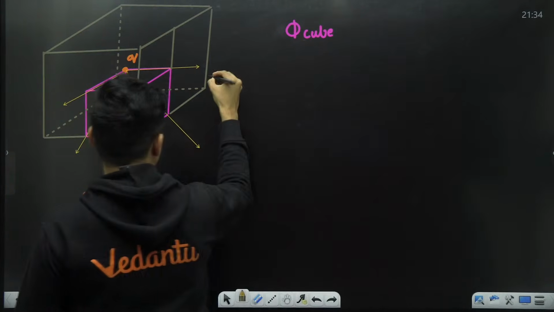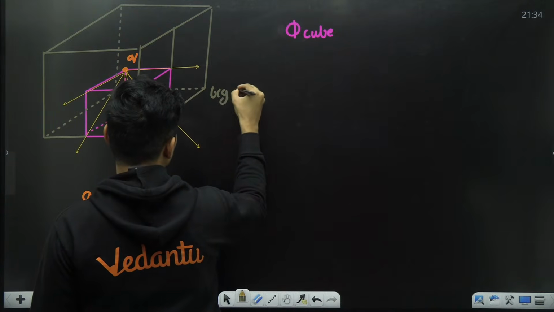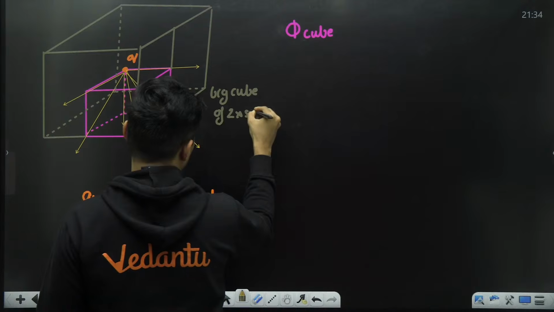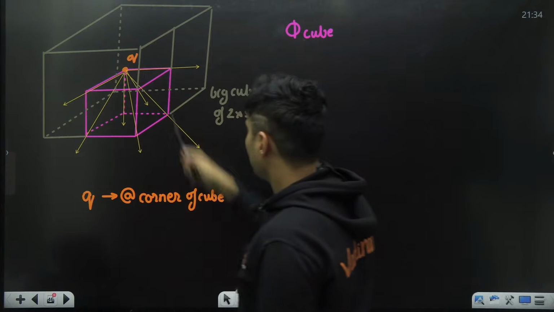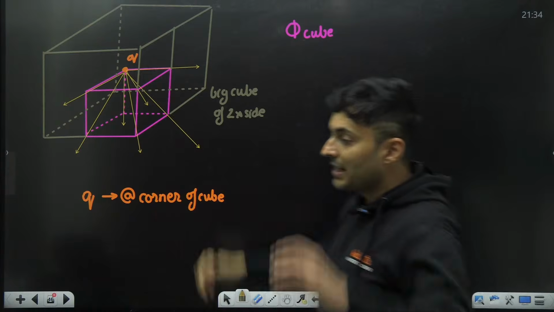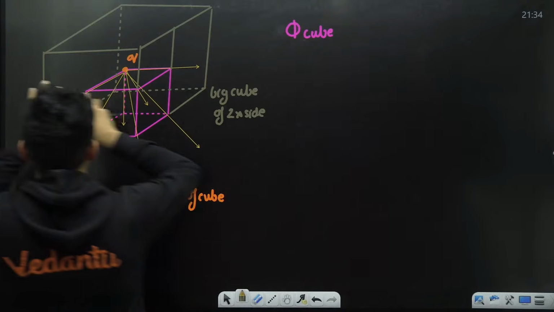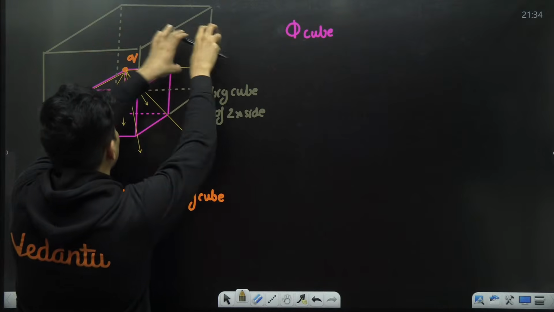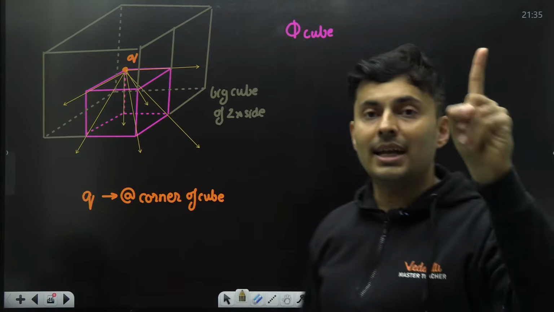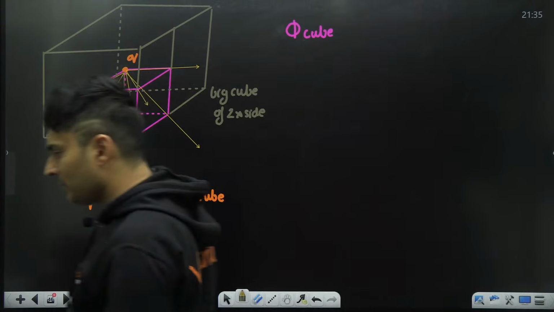This is a big cube of 2 times the side length. So now that particular charge is at the center of it. And can you visualize there will be actually 1, 2, 3, 4, 5, 6, 7, 8 such cubes? Are you able to visualize there will be 8 such cubes over there?